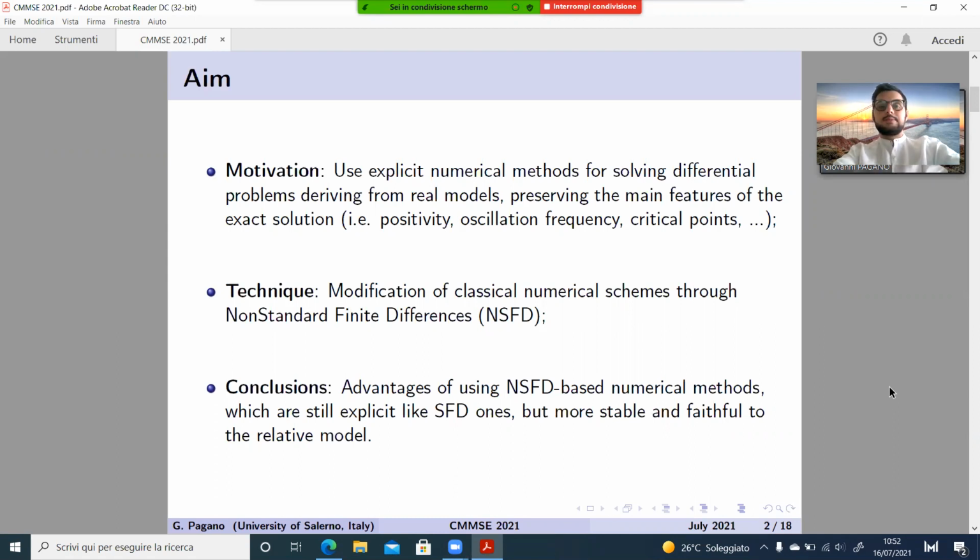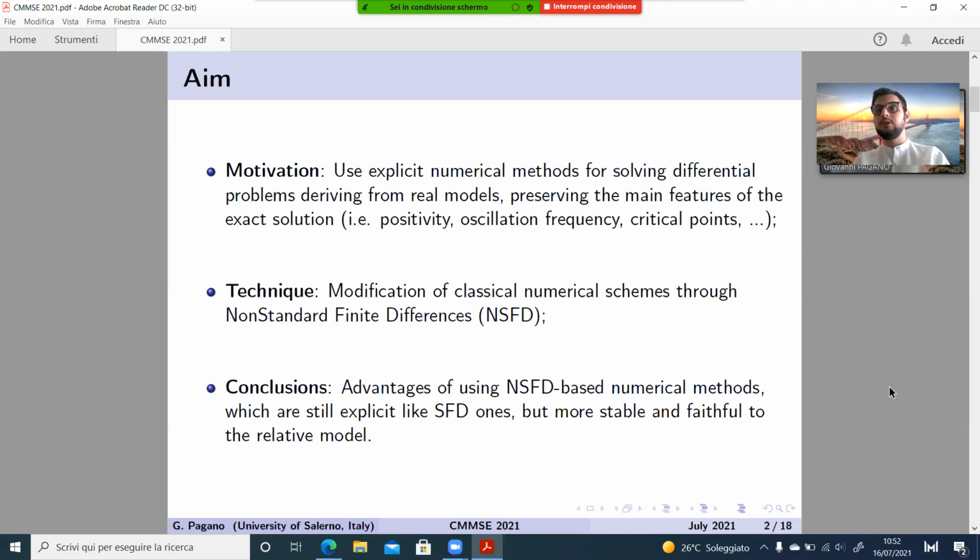We want to explain the advantages of non-standard schemes that are explicit like standard schemes, but they are able to follow the behavior of the exact solution of the model of the problem we are interested in, like real models of ordinary and partial differential equations.